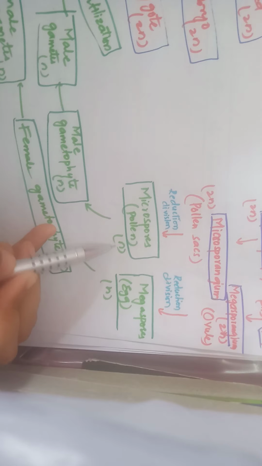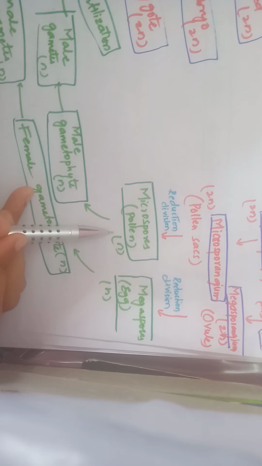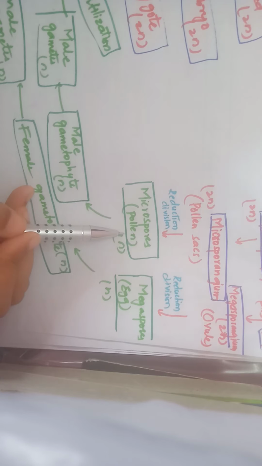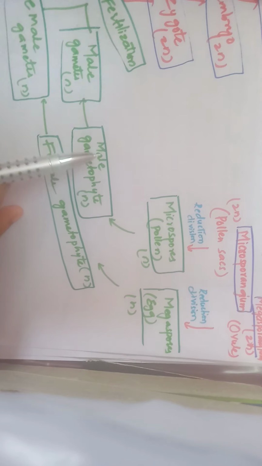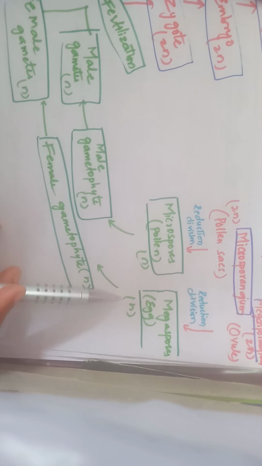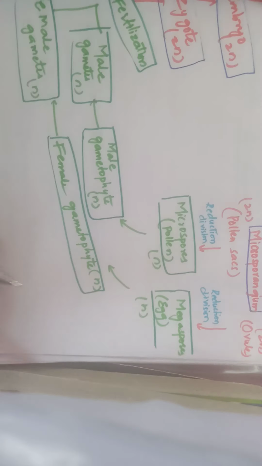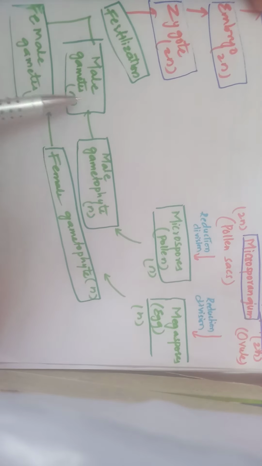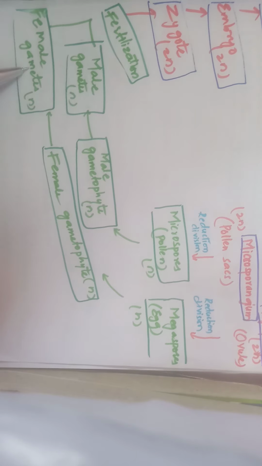So the haploid gametophytes are produced, that is the pollens and eggs. The pollen is known as the male gametophyte and the egg is known as the female gametophyte. These produce the male gametes and the female gametes.